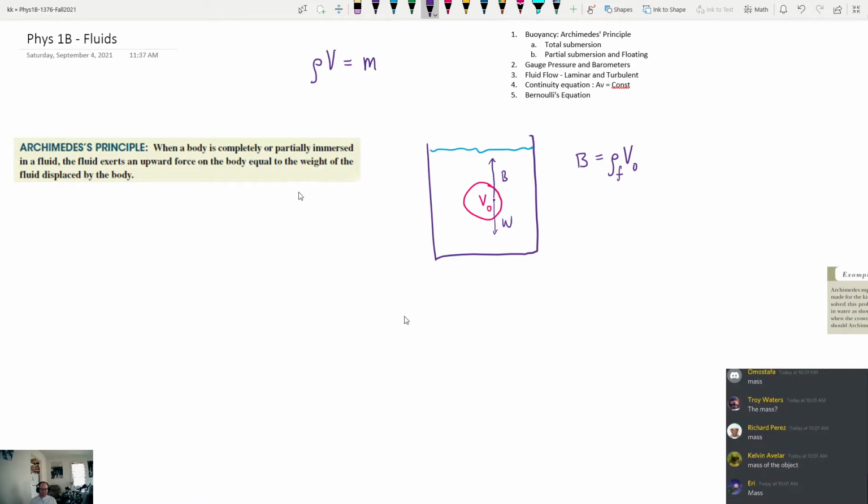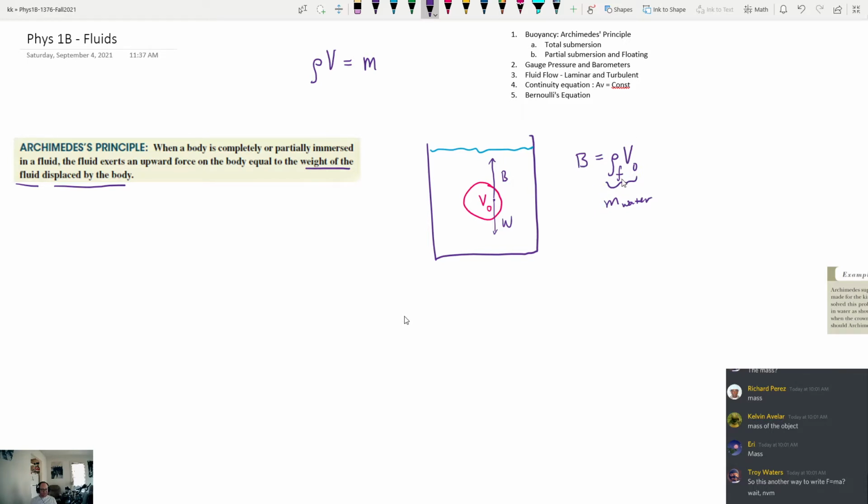So this is mass. What we need is the weight of the fluid displaced by the body, in this case, the weight of the water displaced by the body. So we've got the mass of the water. Then what do we need to multiply this by to get the weight of the water?